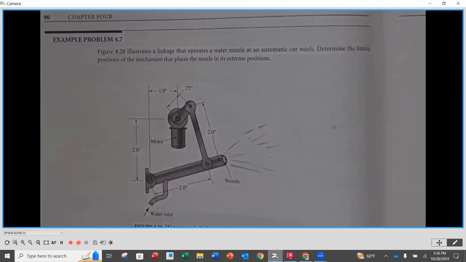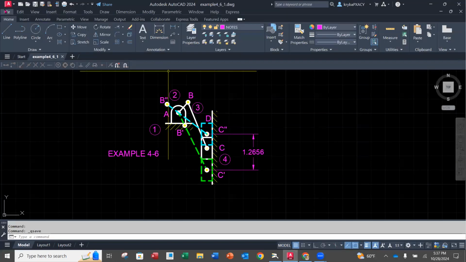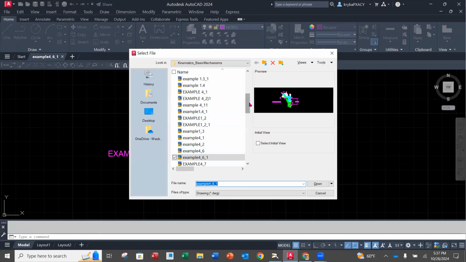Now, if you wanted to, down lower on page 90, they do show the kinematic diagram. So if you wanted to peek ahead, or if you wanted to just do it from the illustration, use the dimensions that you see here to create it. So I'm going to do that in the background here. I'm going to open up a new start file and then rename it to this new example.